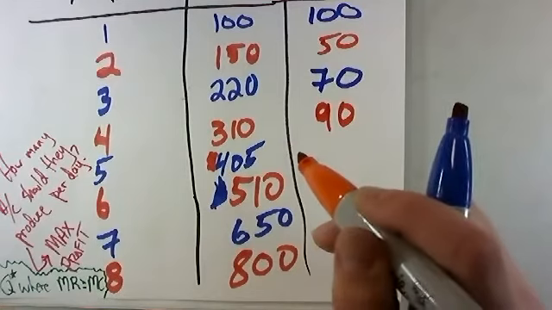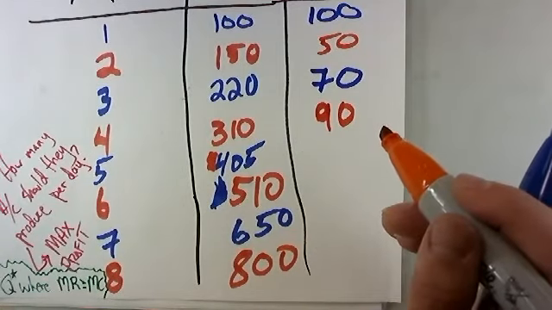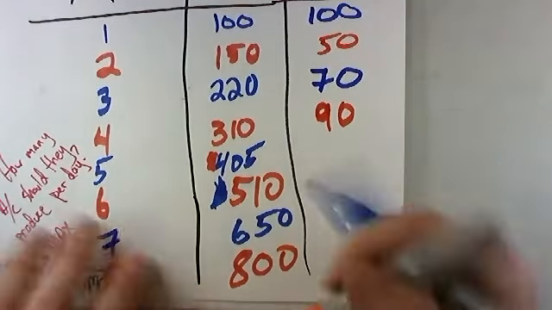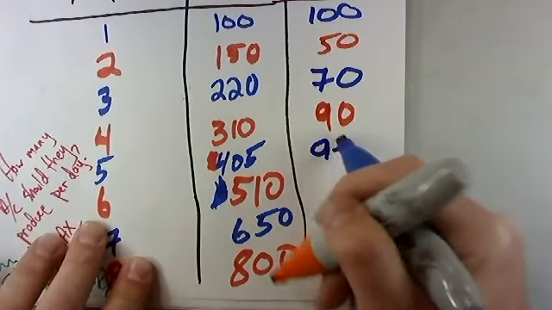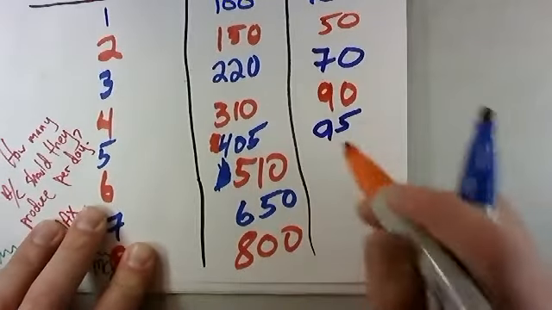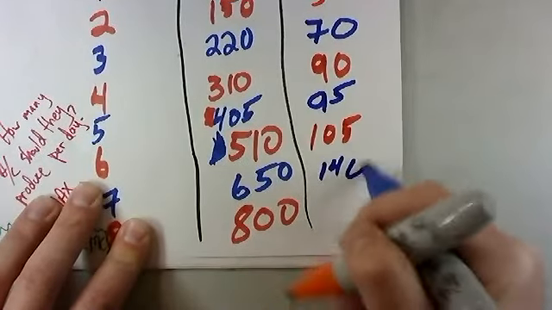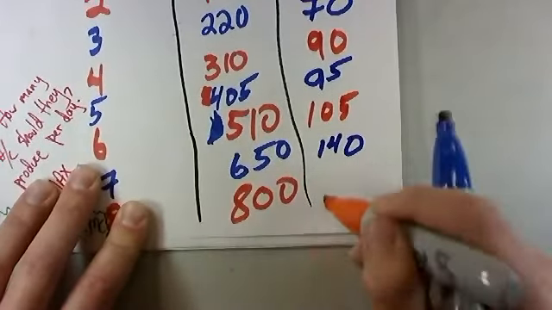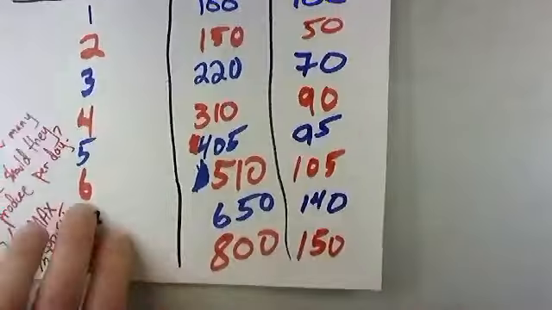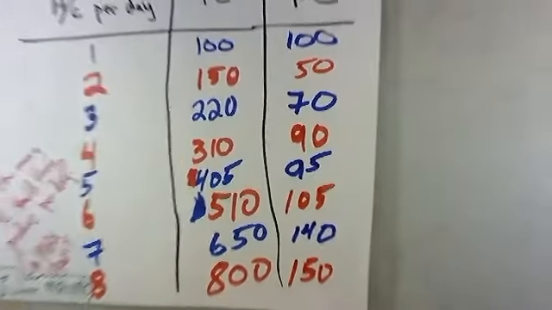Marginal cost for the fifth, what's that going to be? That's 95, right? Marginal cost for the sixth looks like it's 105, 140, and lastly, 150.